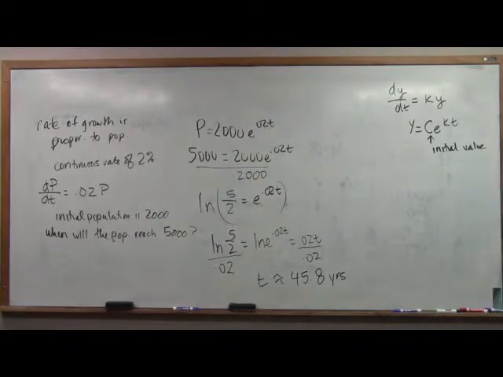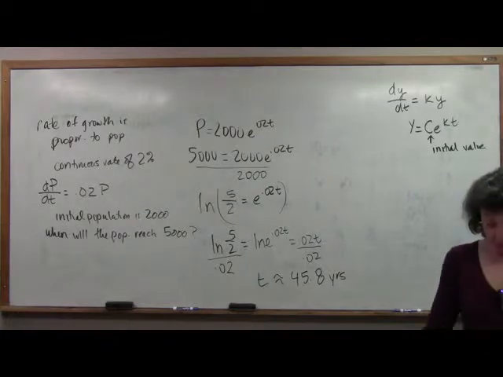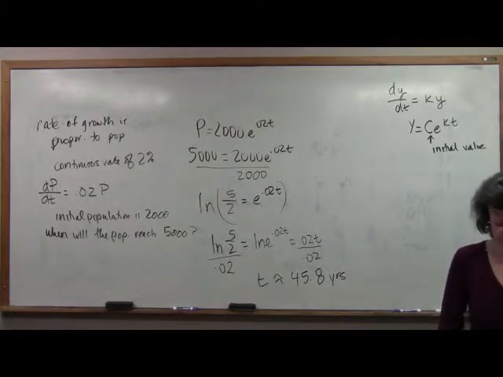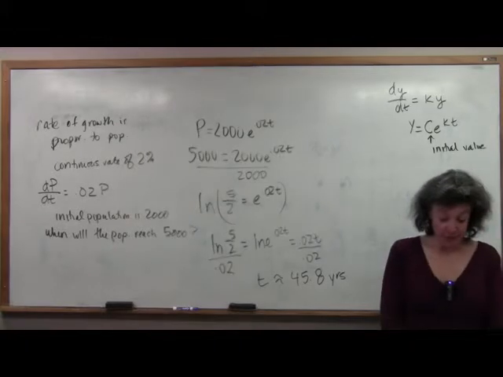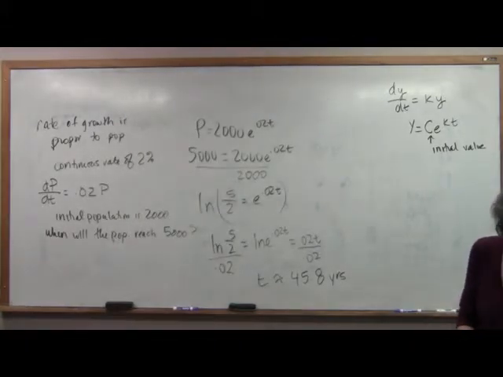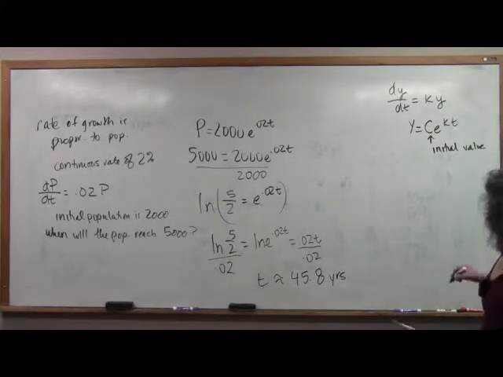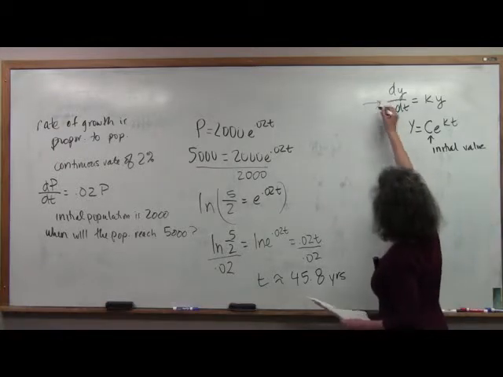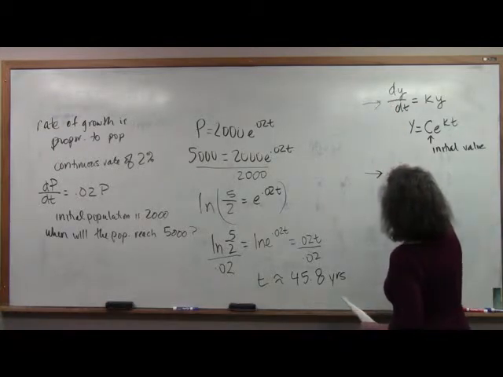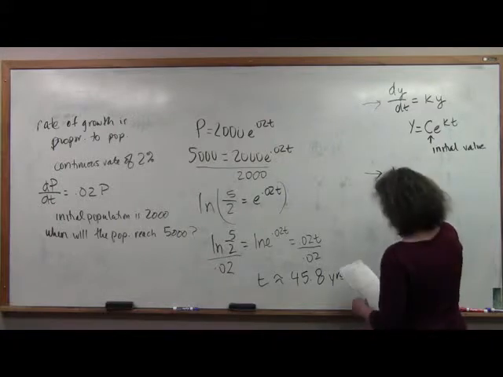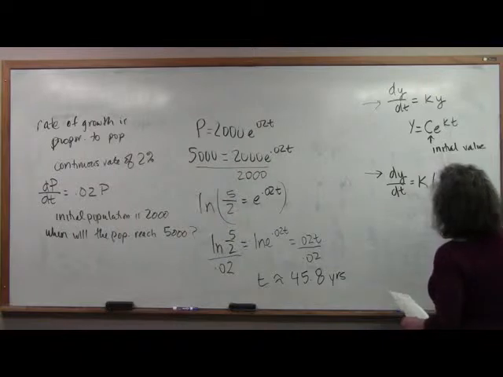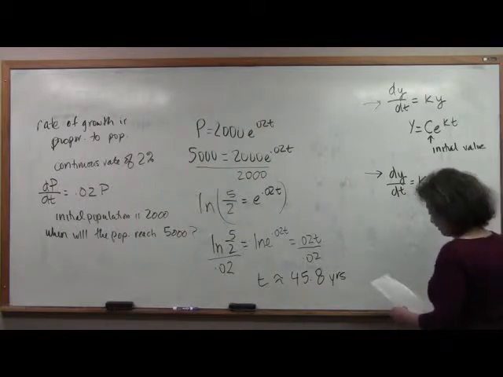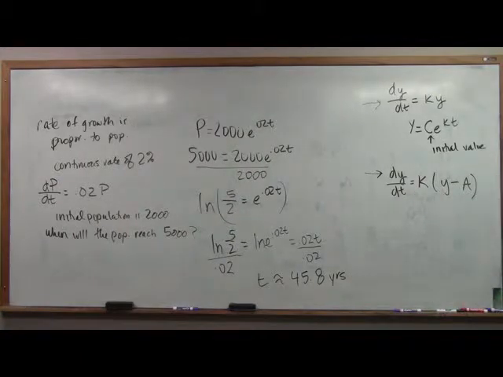All right, so that is one type of differential equation that we've talked about. Now there's another one that we've already alluded to, going back to our yam example. The other type of differential equation that we're going to look at is when you're given that dy/dt is equal to k times (y minus a).